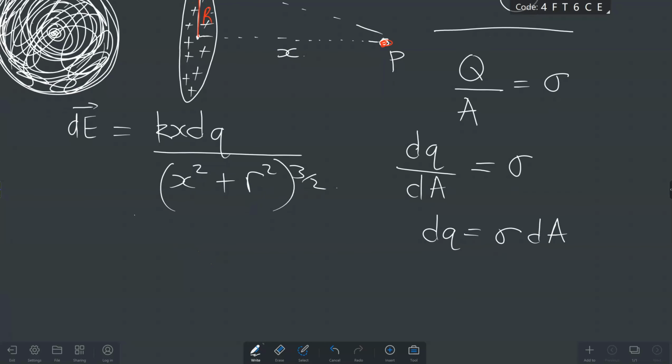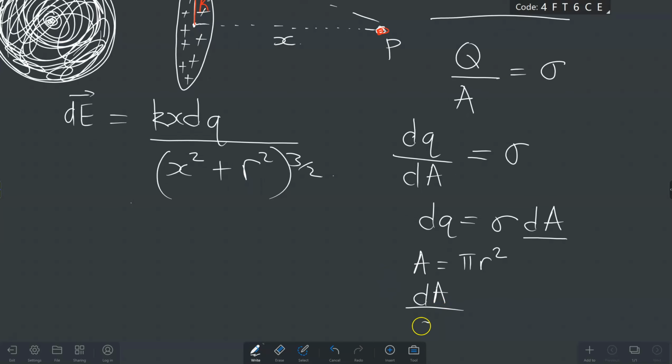What we can do here with this dA, we know that A, the area, is equal to pi r squared. So if we take the derivative with respect to r, dA dr is equal to 2 pi r.